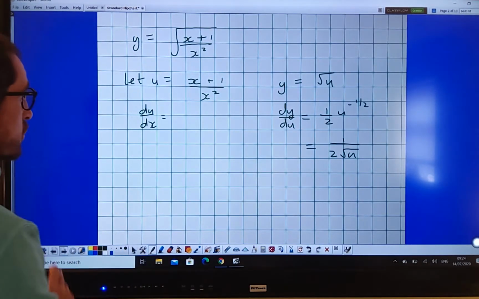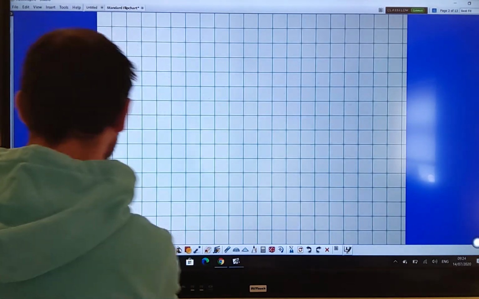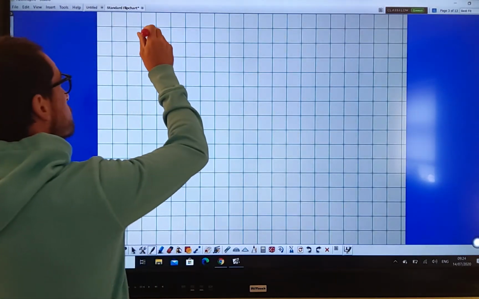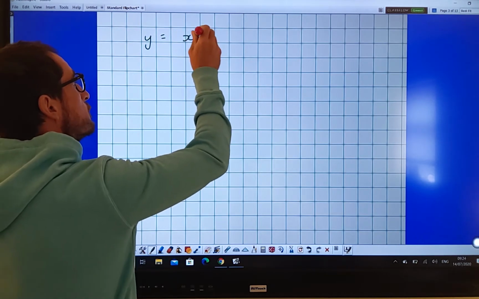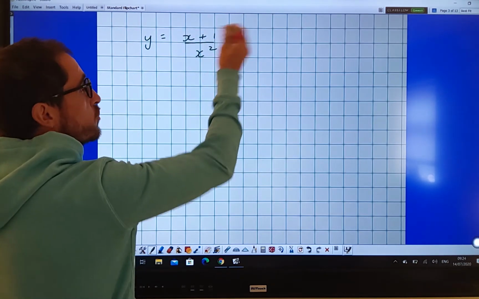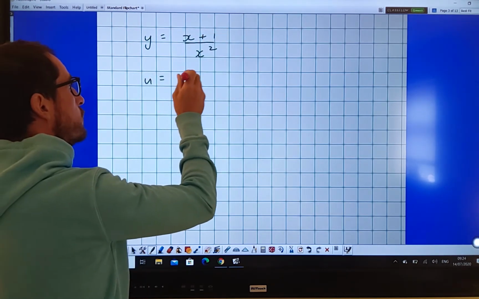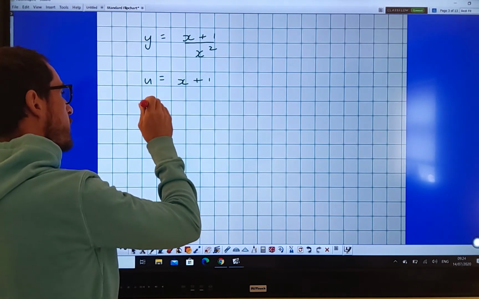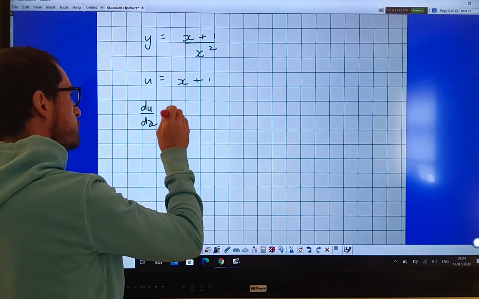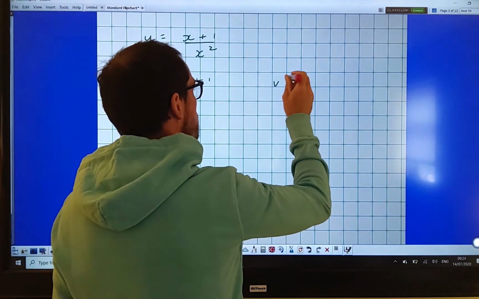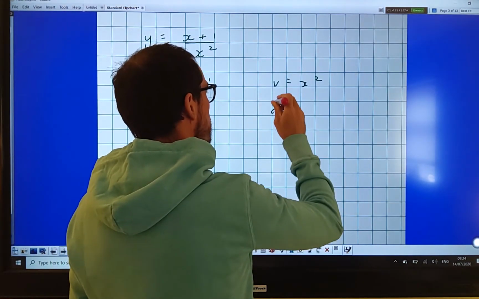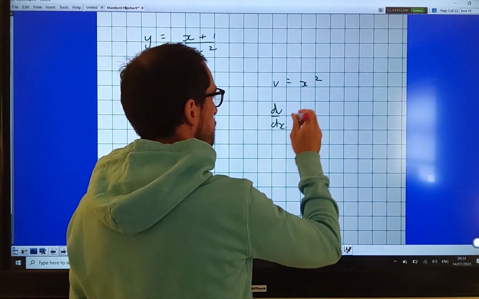Okay? So if I've got x plus 1 over x squared now, that's the quotient rule. So u is equal to x plus 1, so du dx is equal to 1. And v is equal to x squared, so dv dx is equal to 2x.